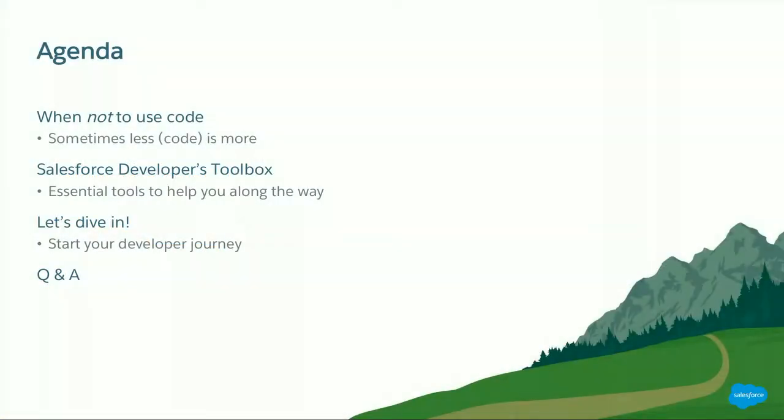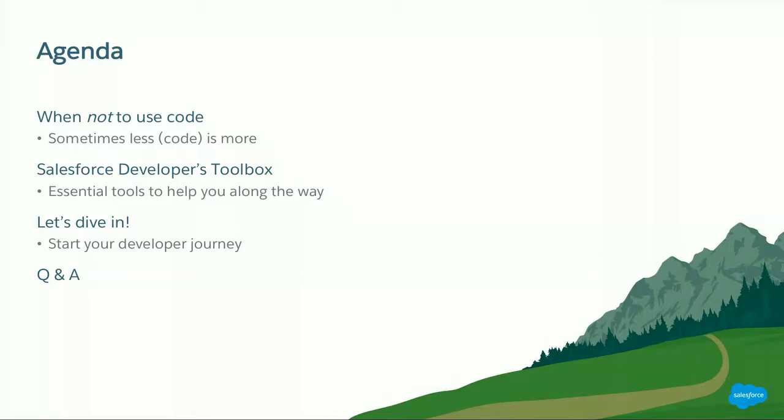So let's see what we're going to talk about today. First of all, we'll talk about when not to use code. It's a really important, complex concept in Salesforce development to know when and when not to use code. Then, of course, I will show you the tools that you will need.